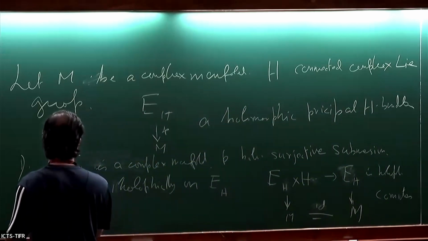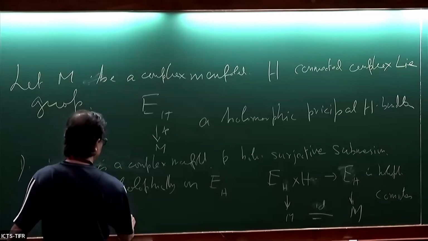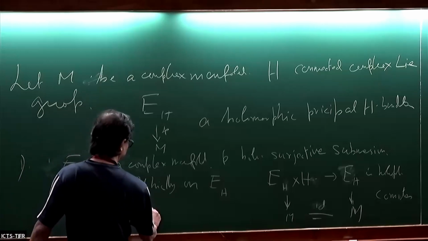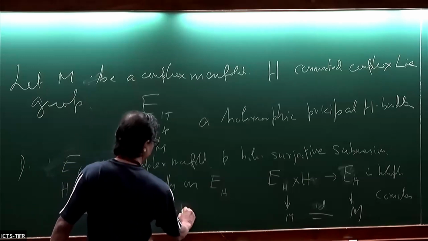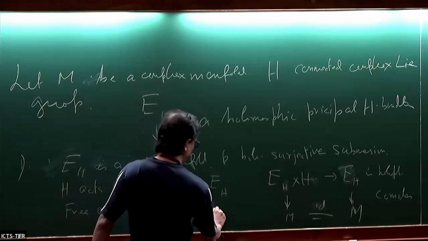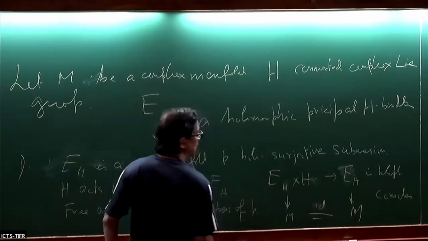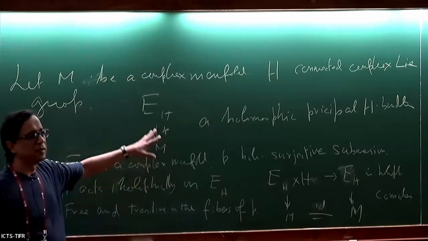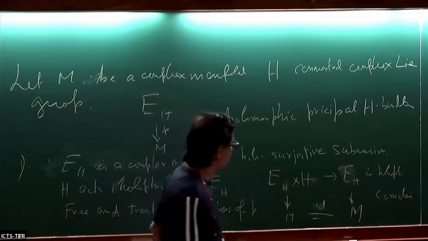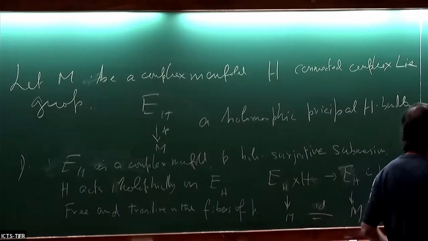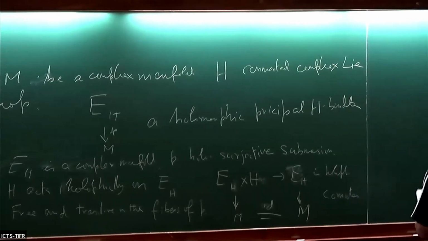The action is free and transitive on the fibers. Fibers can be expressed in a much shorter way, but I tried to give the detail. Okay, so you have this.